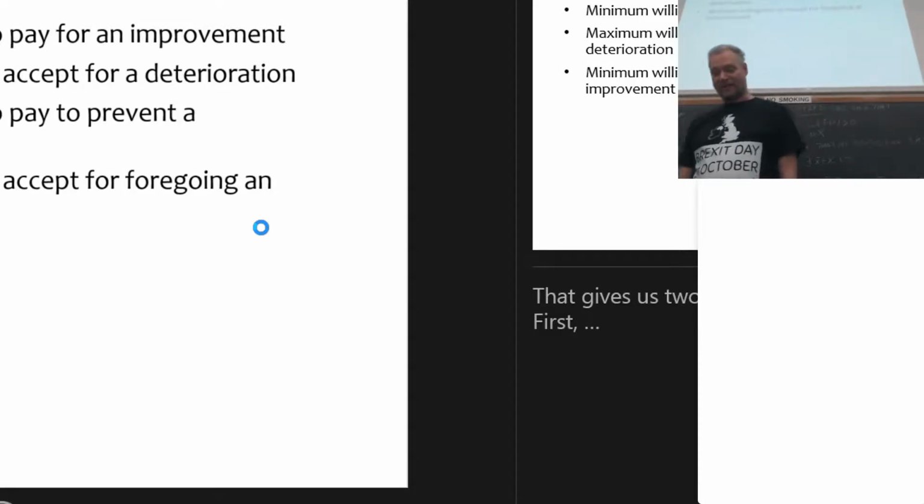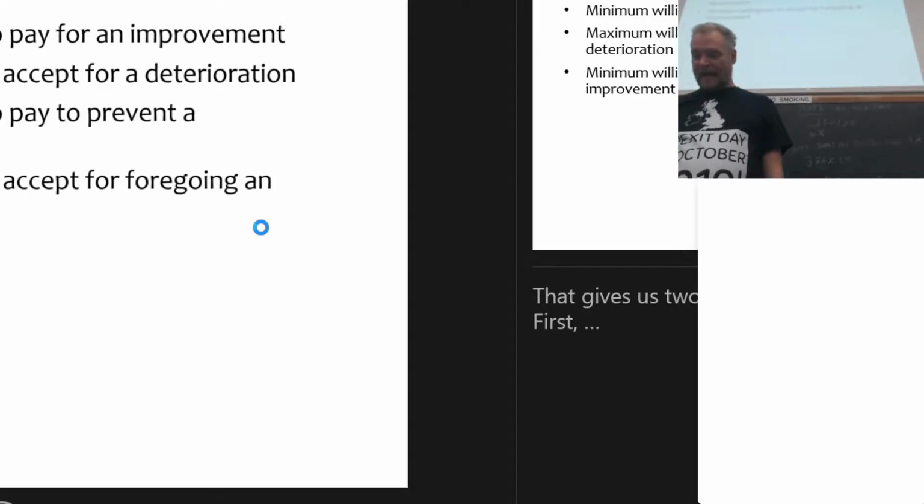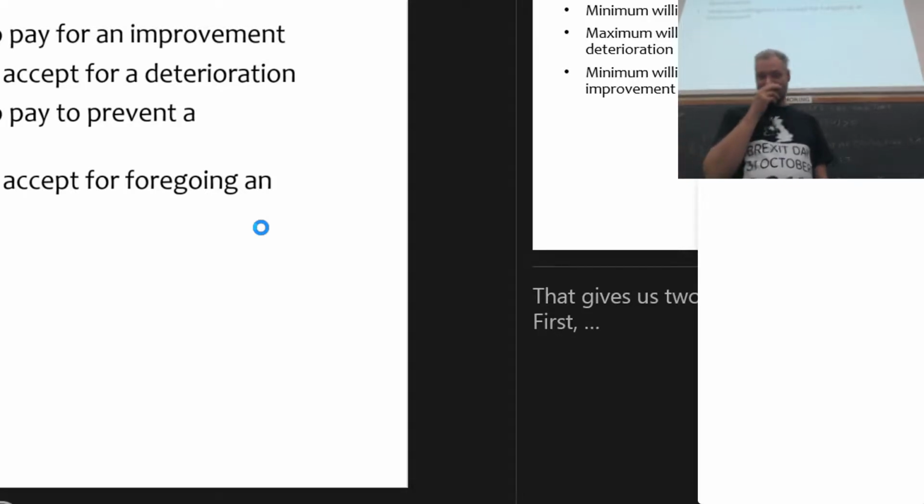And there's the minimum willingness to accept compensation for foregoing an improvement. And it's important to keep these things separate, right? And to realize, yes, these are different things.